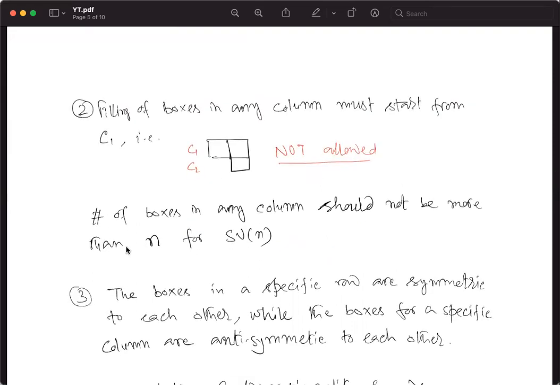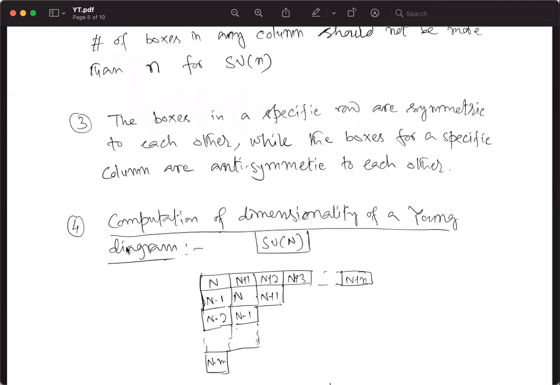The number of boxes in any column should not be more than n for SU(n), which I have mentioned already, because n vertical boxes imply a singlet representation, and one cannot have any representation beyond singlet. The boxes in a specific row are symmetric to each other, while the boxes in a specific column are anti-symmetric to each other.